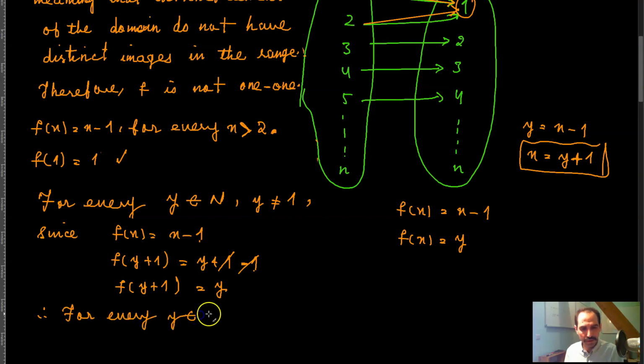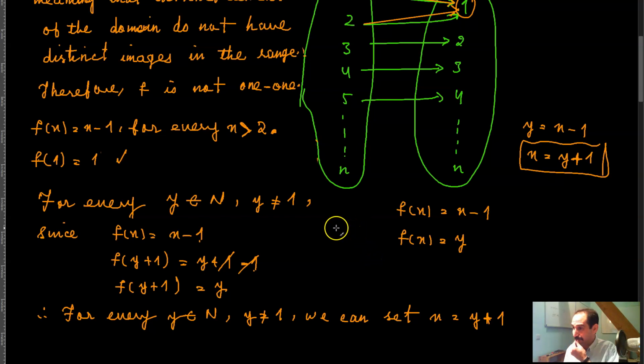Which means that for every y belonging to the set of natural numbers and y not equal to 1, we can choose x as y plus 1 such that f of y plus 1 is equal to y, right?